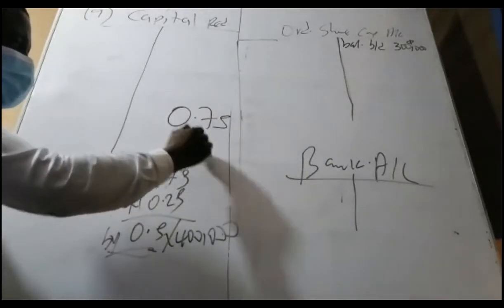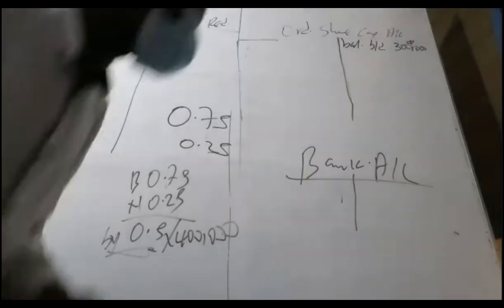You said they should reduce it to 0.25. So that means they have to cancel 50 pesos from each share. If they are cancelled, it's a gain, a plus to the company. But on the other side, for the shareholders, it's bad news.